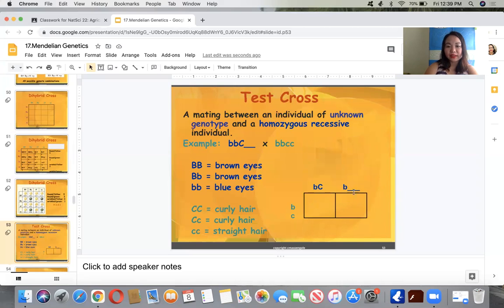So it's more clear. So a test cross is a mating between an individual of unknown genotype and a homozygous recessive individual. For example, you have blue eyes with an unknown genotype crossed with blue eyes, and CC is the straight hair, but this is unknown. So using the Punnett square, you are going to pair them again for the test cross.